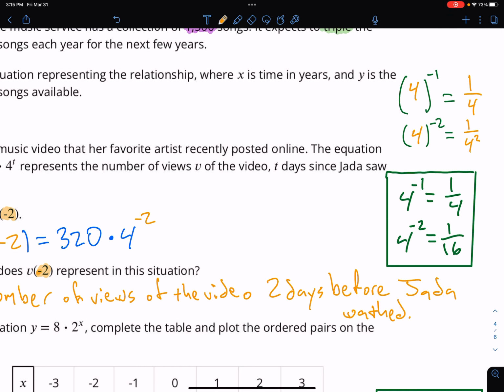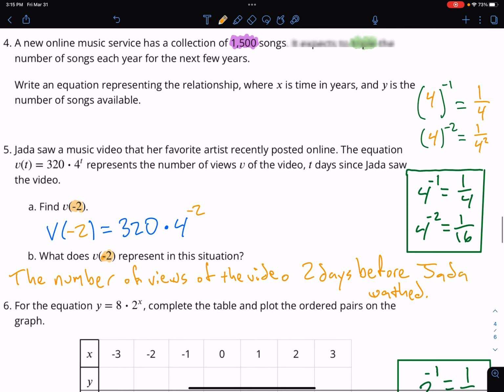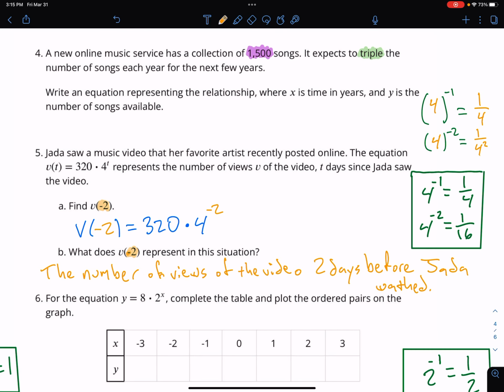We got 4 times 4, that's 16. So here's my little answer key for what those negative exponents mean. 4 to the power negative 2 is 1/16. Because we're going backwards. Instead of multiplying by 4 as we go forward after she's seen the video, if we're going backwards, we're doing the opposite of multiplication. We're going to be dividing by 4 each day previous to when she watched the video.